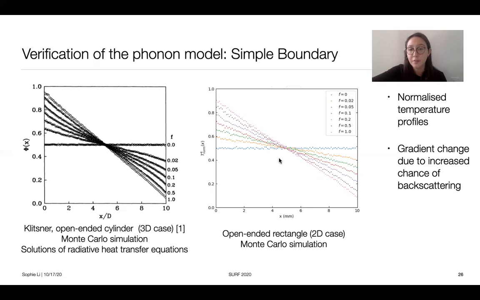So the likelihood of backscattering is much higher with higher f, such that the phonons are absorbed back into the source. We can also compare our results to those of Klitzner, and we see that both of the plots are very similar, and that's one of the first indications we had that our simulation was in fact working as it should be.